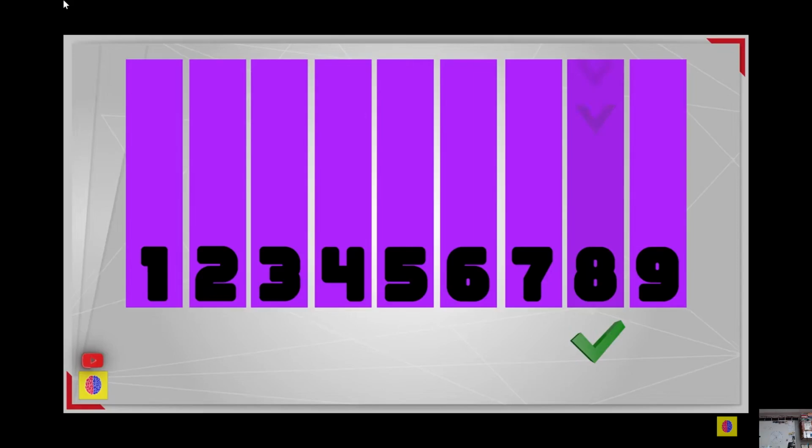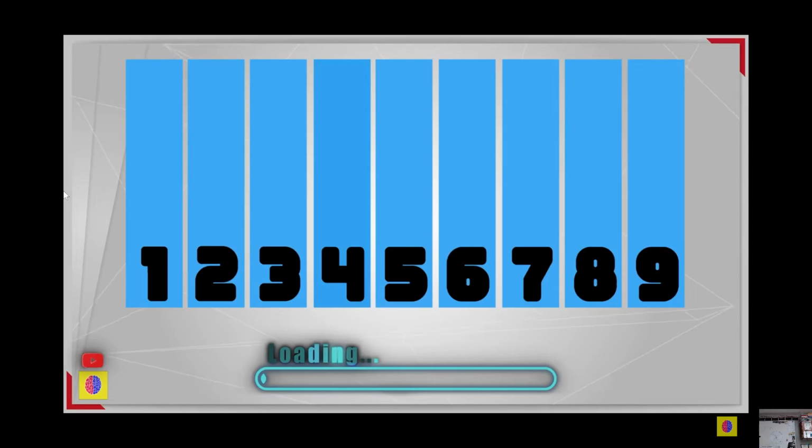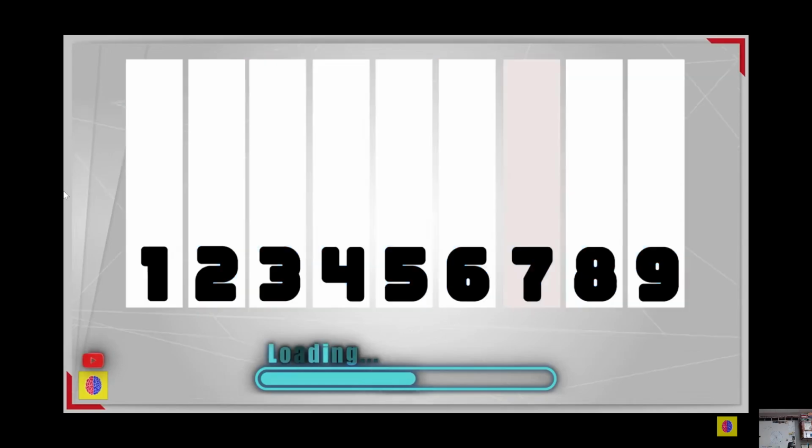This one is easy. I see light blue. No, I don't see this one. Wow, we're going into white. Let me see.